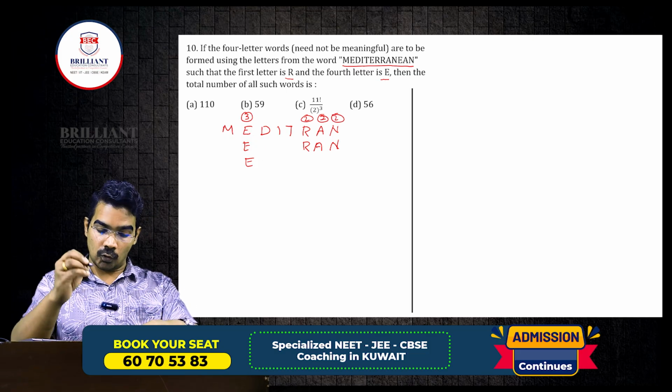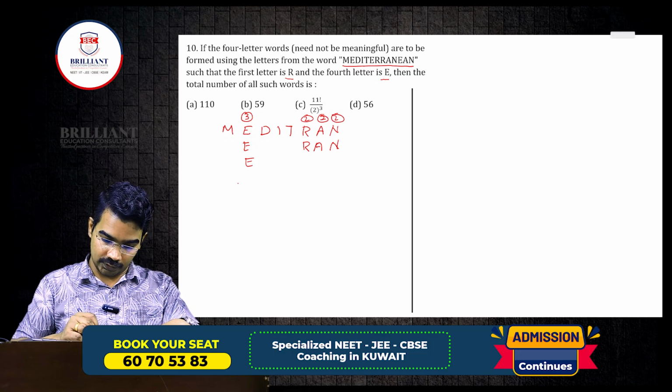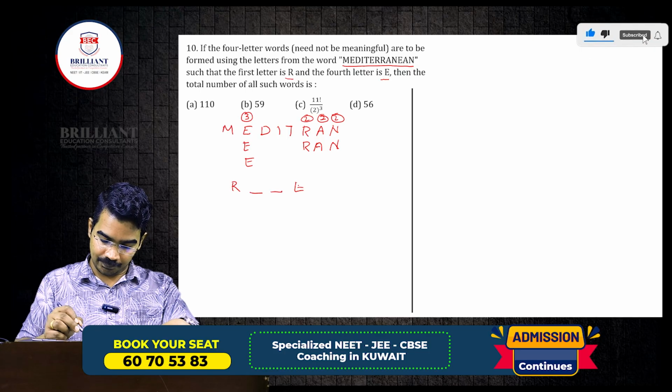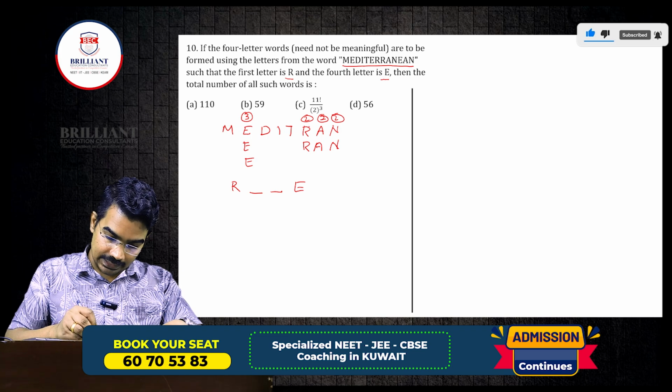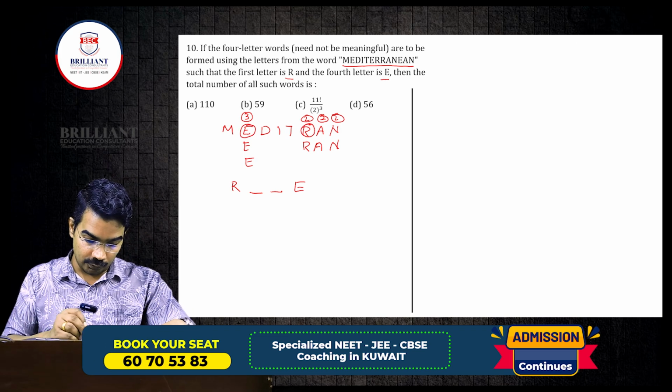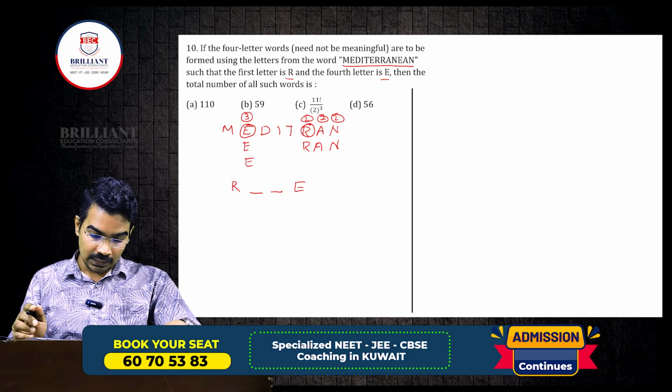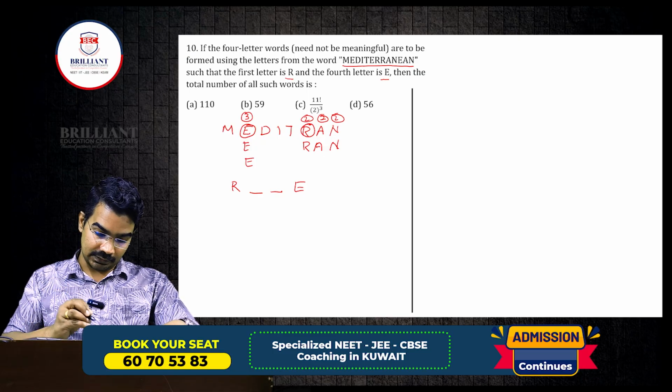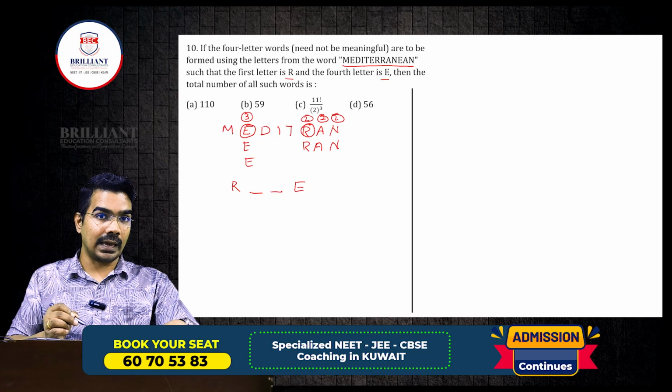So we have been asked to form a 4-letter word. First start with R and end with E. So R is already used and E is also used, so we have to choose only 2 letters in the middle. There are 2 options: either the 2 letters can be the same or they both can be different.